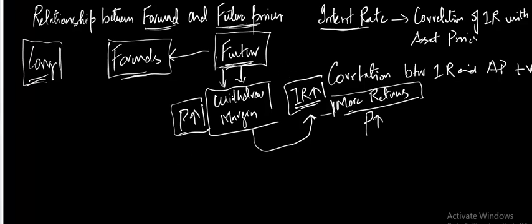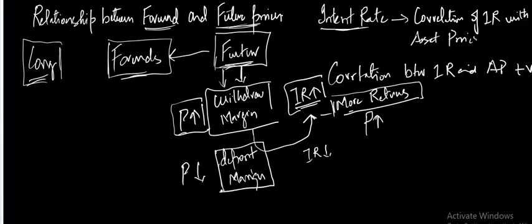Now, let us look from the other perspective. If the price has fallen and if there's a positive correlation, which means that interest rates will also fall. Now, in this case, he has to deposit the margin because he is long. If he deposits the margin because of the fall in the price, and in this case the interest rates have fallen, he will be able to borrow at lower interest rates.